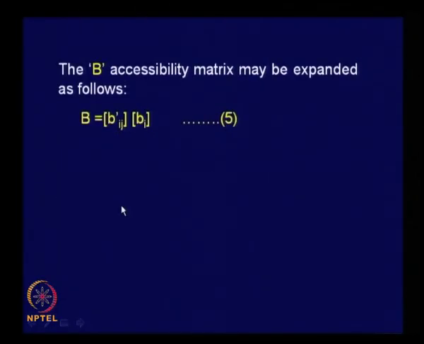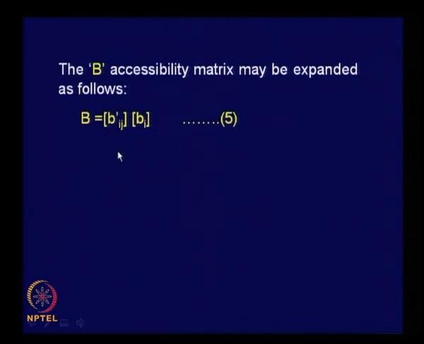Then the B accessibility matrix may be expanded as follows, similar to the A accessibility matrix. The only difference is that the B accessibility matrix is related to population serving employment, while the A accessibility matrix is related to basic employment. Otherwise, the structure of the equation is the same as for the A accessibility matrix.